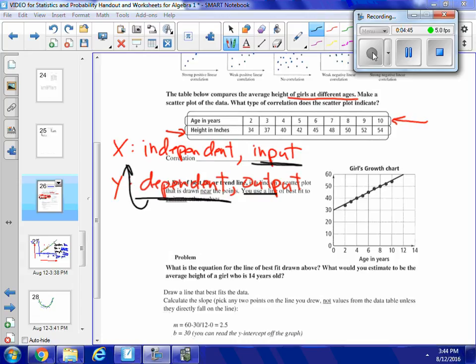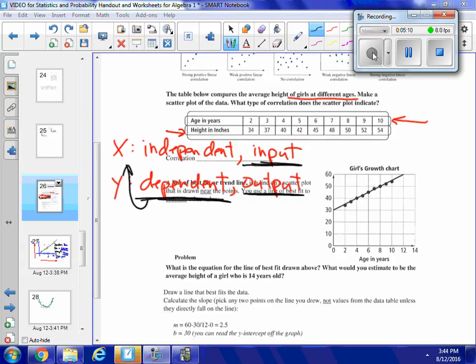That's your output. Now, in statistics, you're not really going to have necessarily a cause and effect relationship. But you're trying to think logically. It's clear that you would put in a girl's age to get an estimate of how tall they are. You wouldn't put in the height to get an estimate of how old they are.